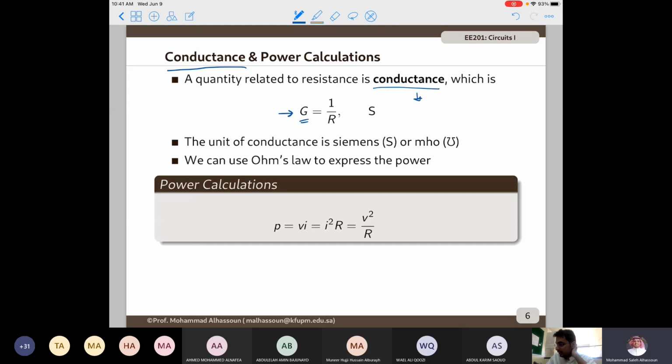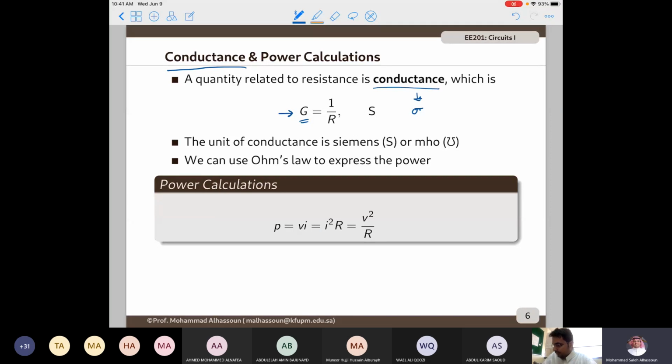The conductance is related to a parameter called the conductivity, which is related to the number of electrons available in the material to conduct charges, to conduct currents.